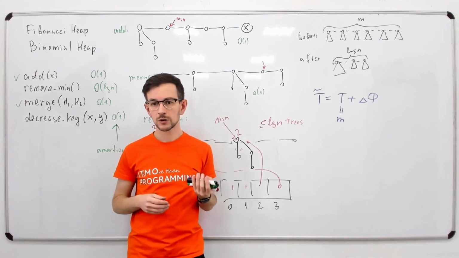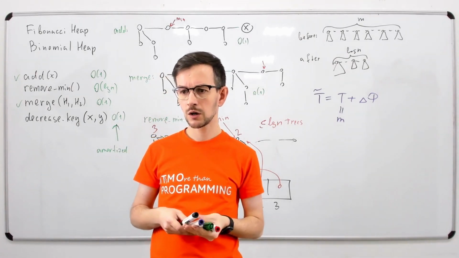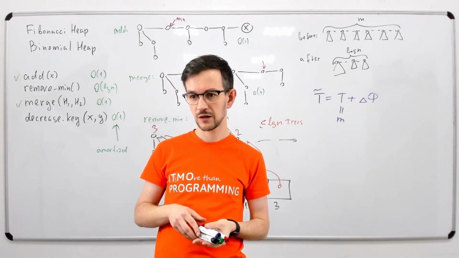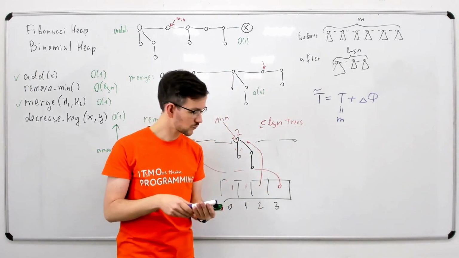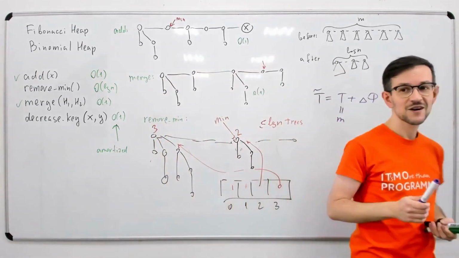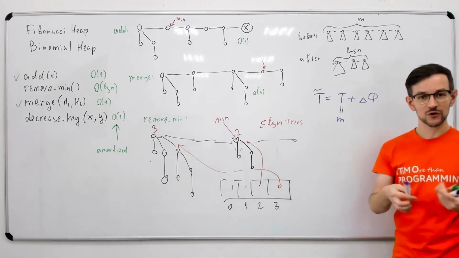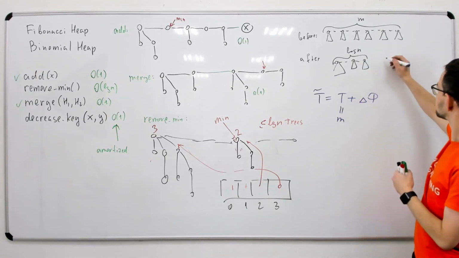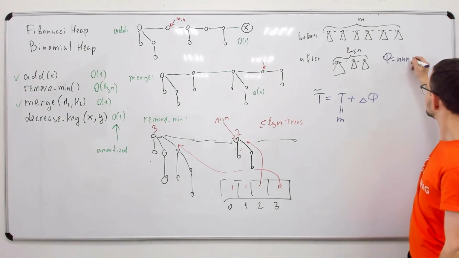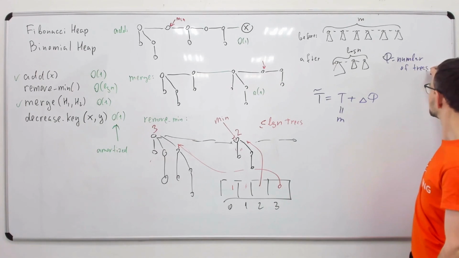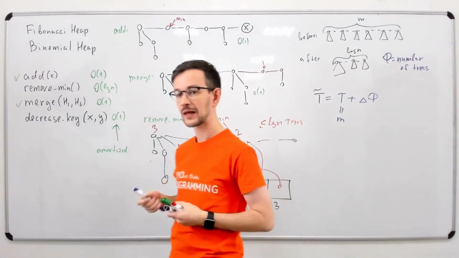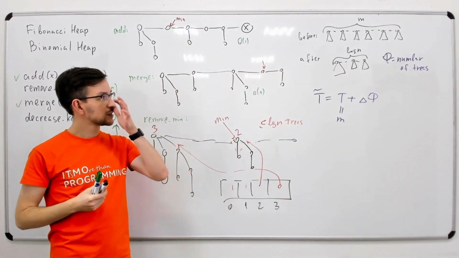Any ideas about the number of trees? Right. Good. So the potential function in this case is just the number of trees in your Fibonacci heap.